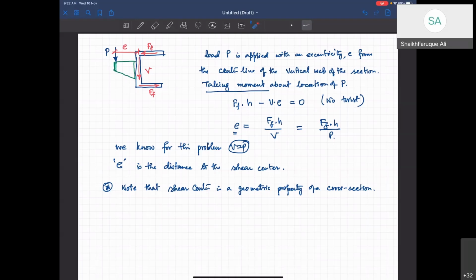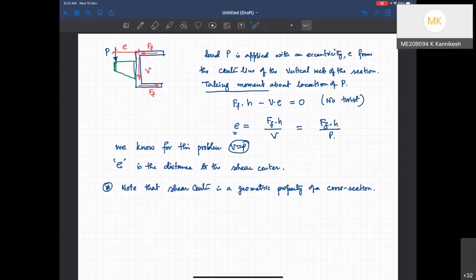So when you apply a load here externally, your internal loading becomes like this in the channel section, right? Now you want to balance these internal forces. You can see that horizontally they are balanced. Vertically, this V will be balanced with the shear flow that is there, right?